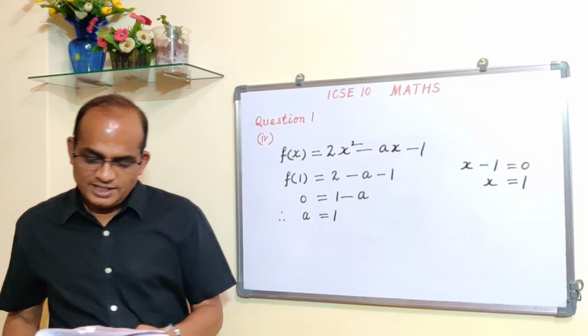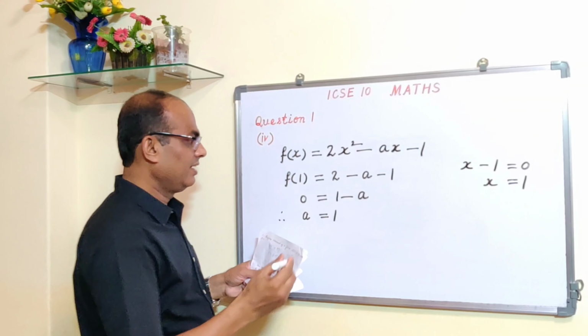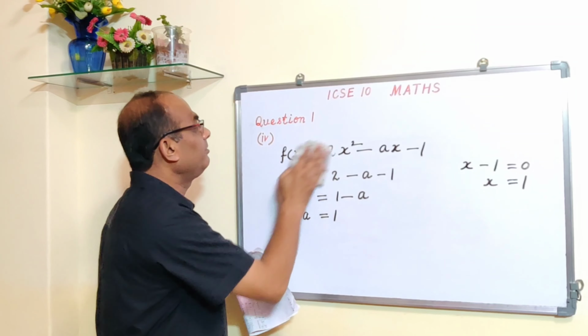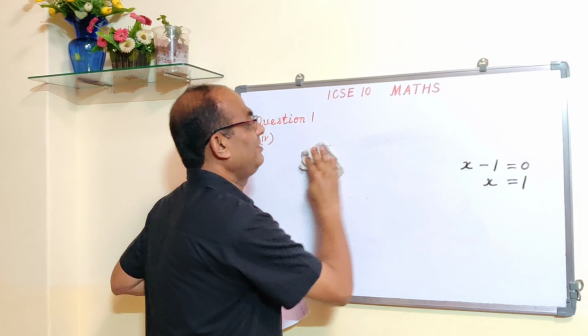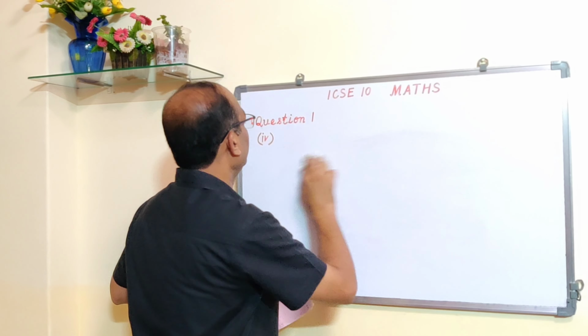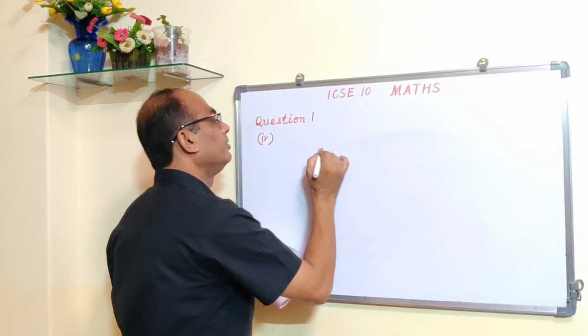What is given? See the explanation, because this will help you for your Section B question also, if the concept is clear.